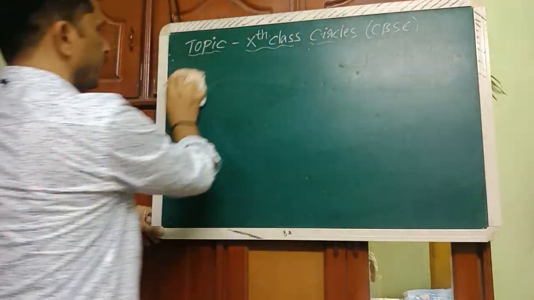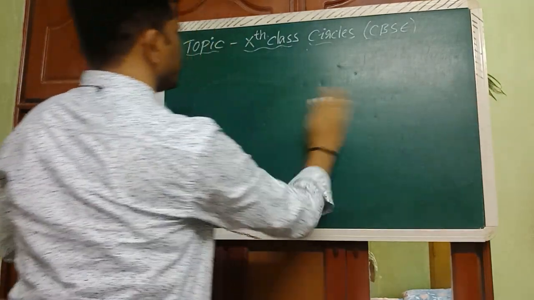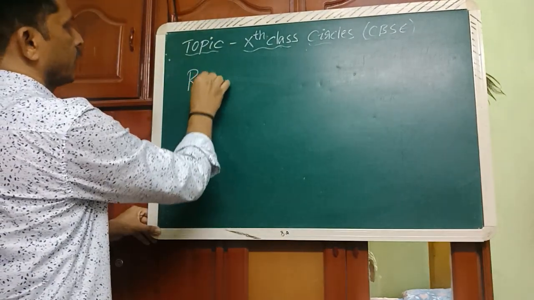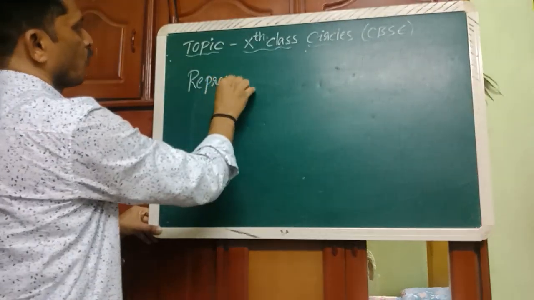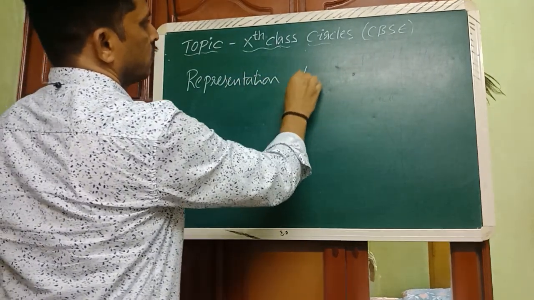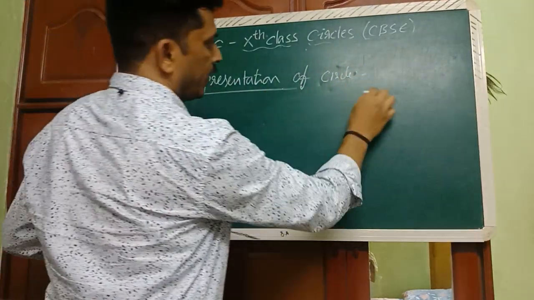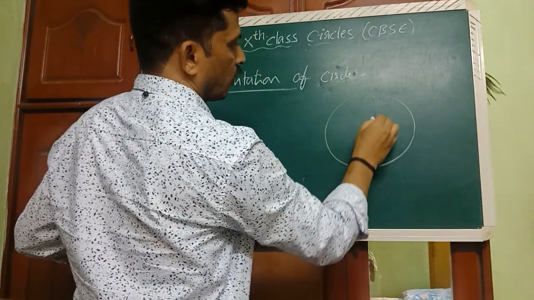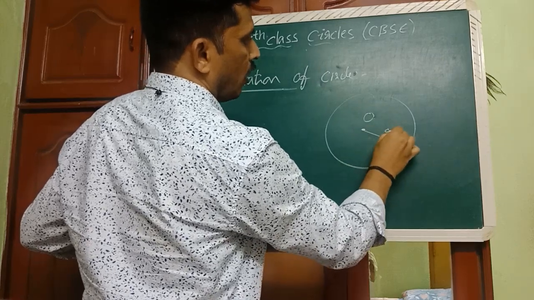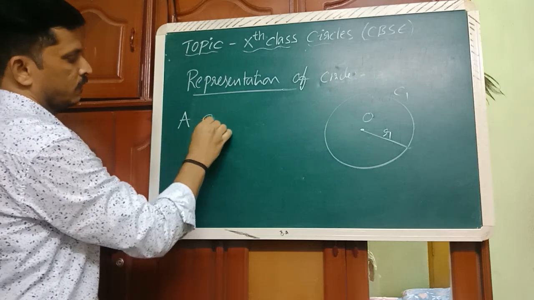So how to represent a circle? Representation of a circle. Suppose I take a circle with center O and radius R, and call it C1.